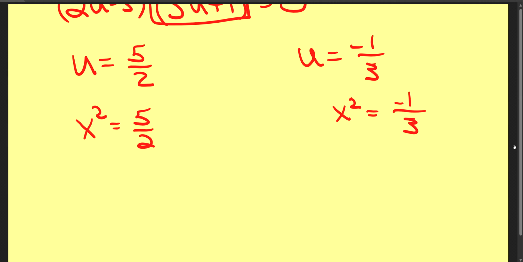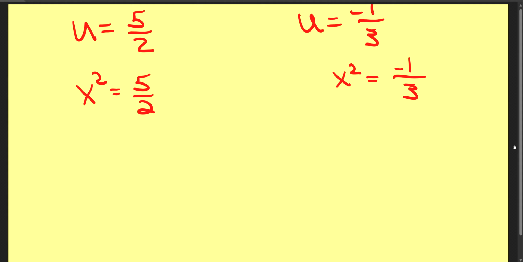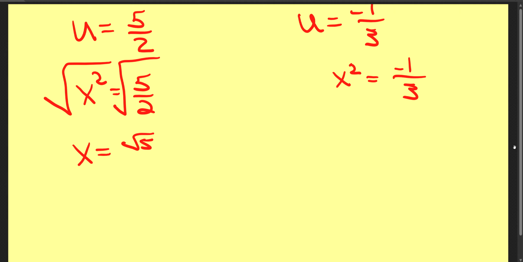Okay. And now let's take the square root of both sides here. When I do, I'm going to have x equals the square root of 5 over the square root of 2. Okay, I have to rationalize that denominator.